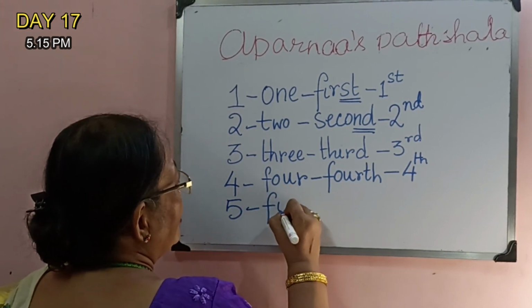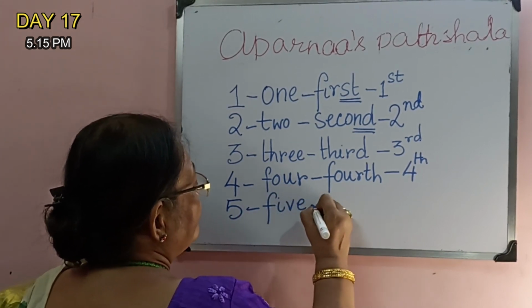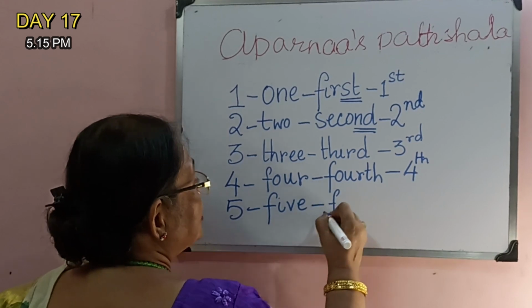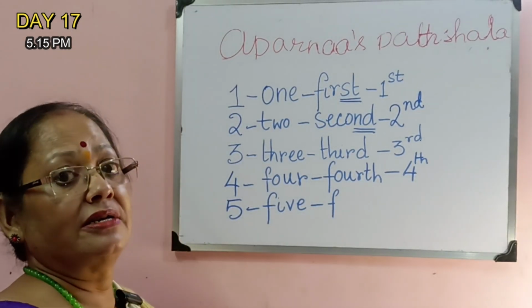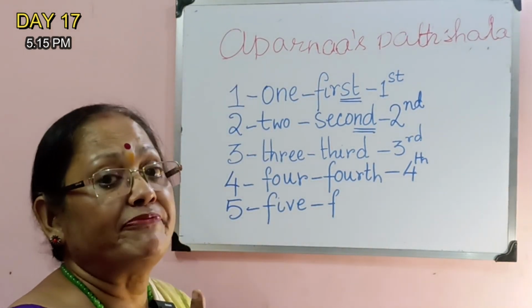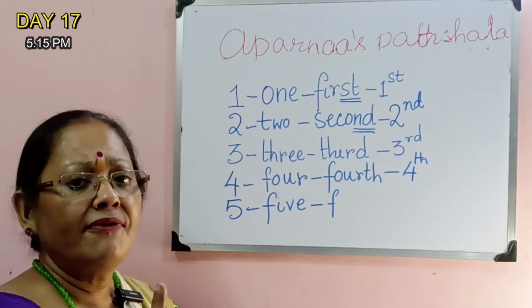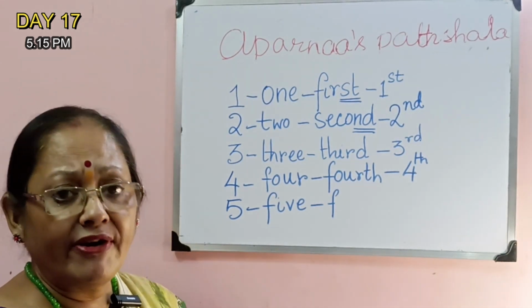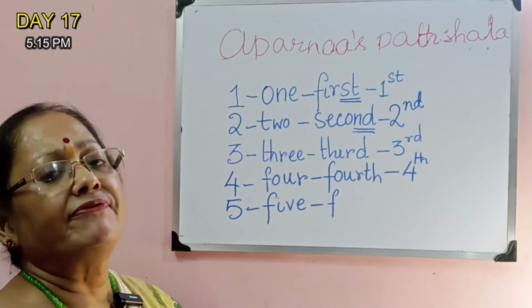Spelling: F-I-V-E, 5, and this is not fifth. It will be fifth. F-I-F, T-H, fifth.